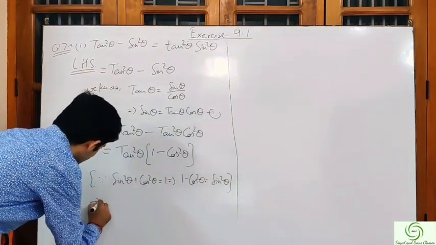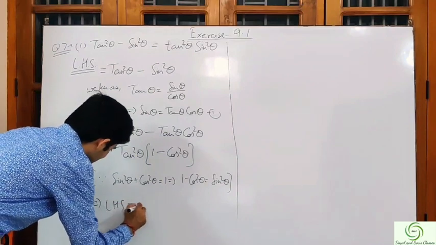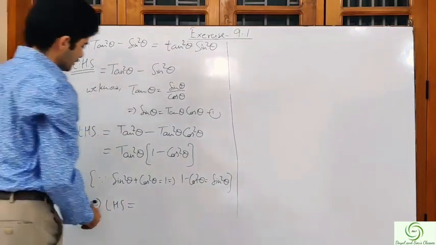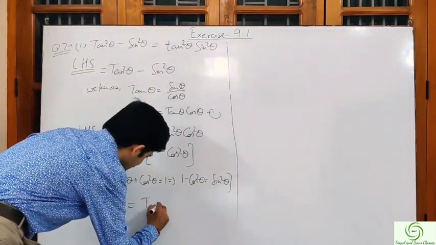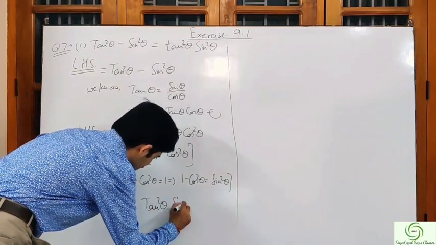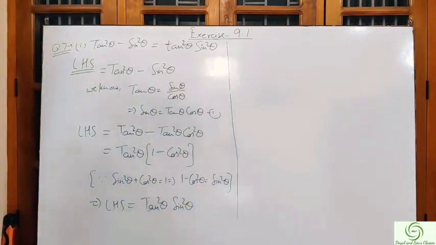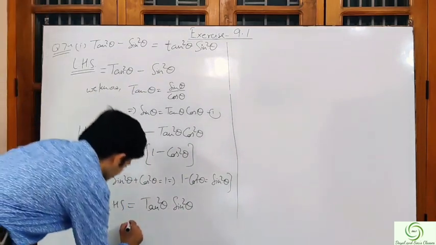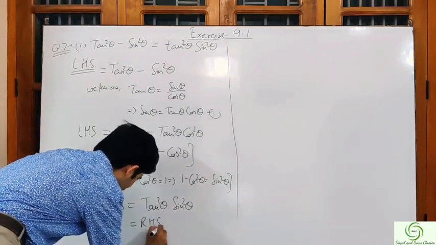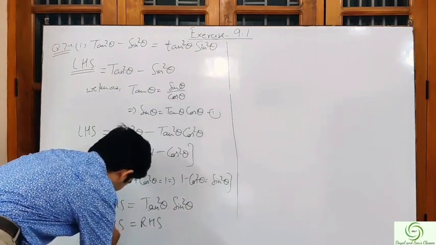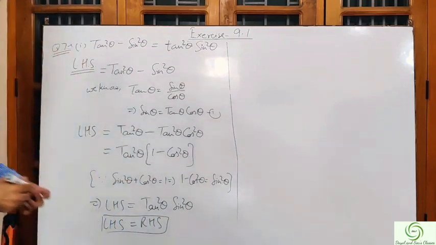Therefore LHS will be equal to tan square theta into sin square theta, and this is equal to RHS. This LHS is equal to RHS. Hence proved, and hence we have proved this relation.